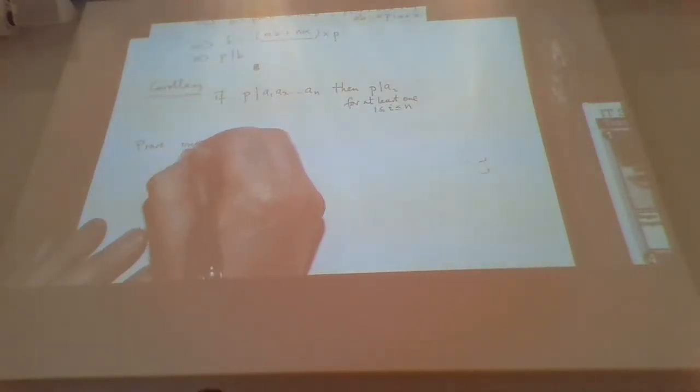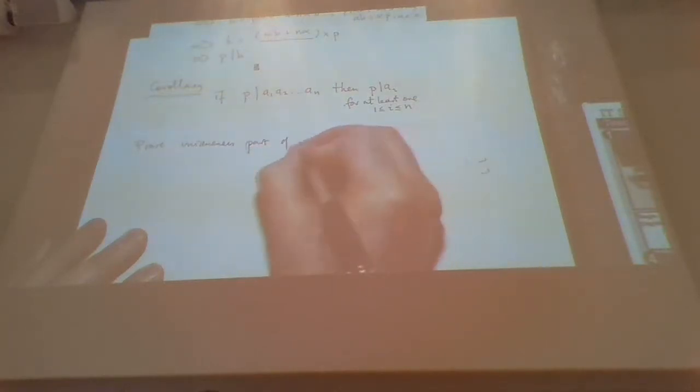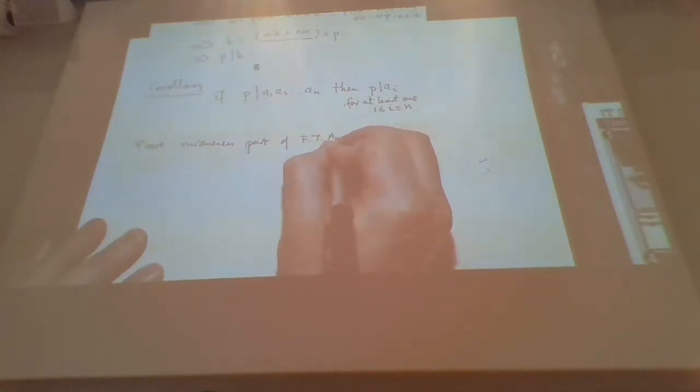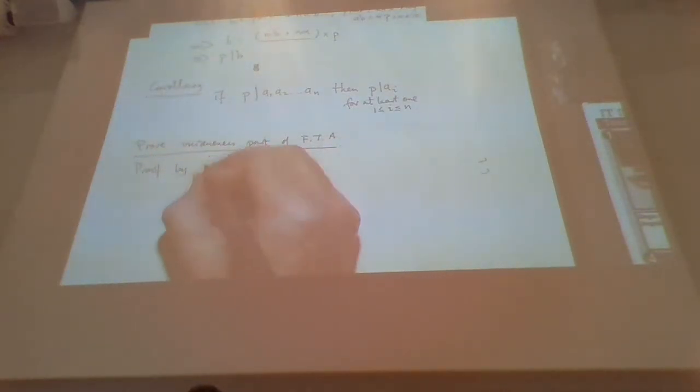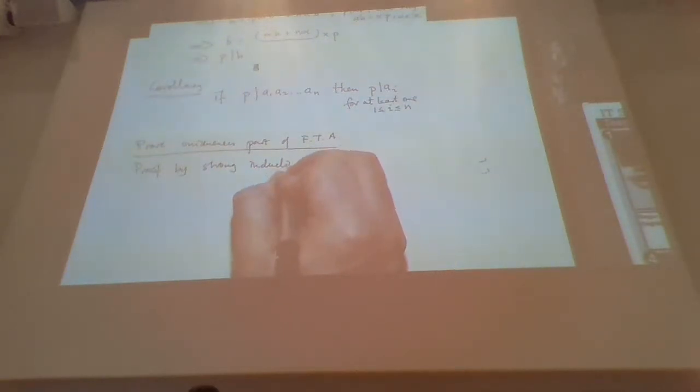So we can now prove the uniqueness part of the fundamental theorem of arithmetic. It's a proof by induction. Proof by strong induction.